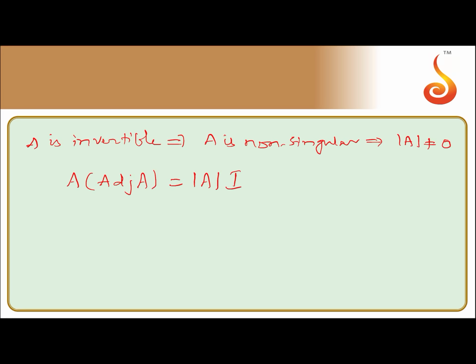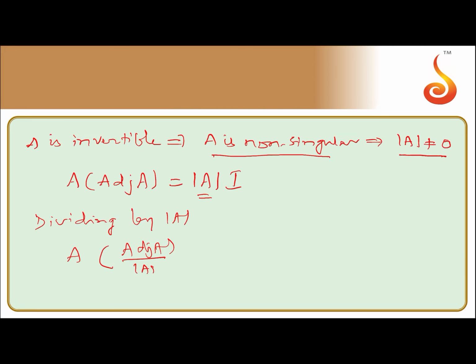Clearly, since A is non-singular, det A is not equal to 0, and it is a number. Dividing by det A, we write this as A multiplied by adjoint A divided by det A equals the unit matrix.